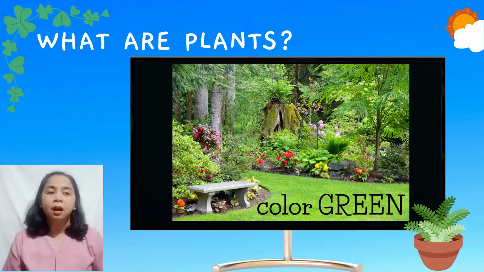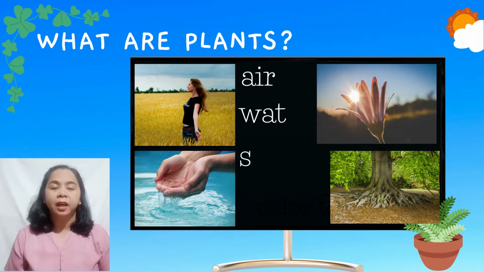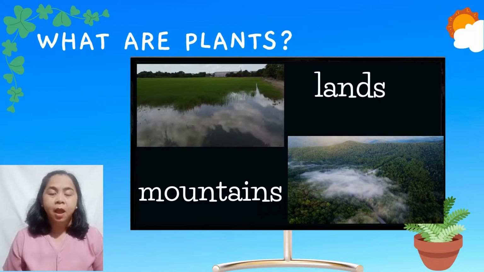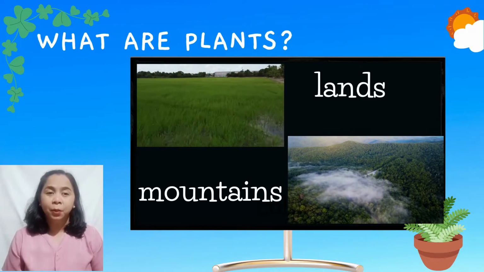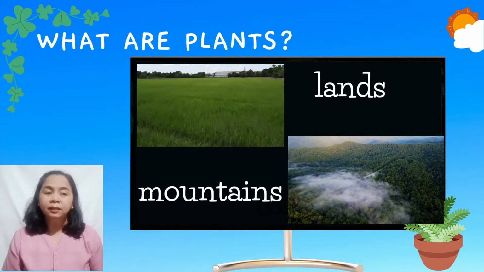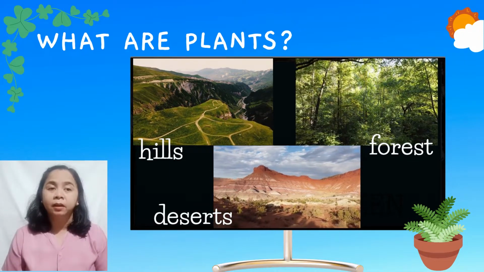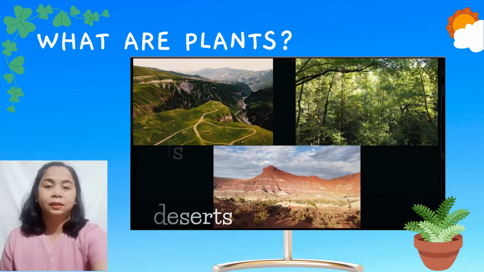They are usually green, making our surroundings feel fresh, and like humans, they also need air, water, sunlight, and nutrients in order to live. Most plants grow on lands, mountains, hills, and some grow in forests, while other plants grow in the desert.